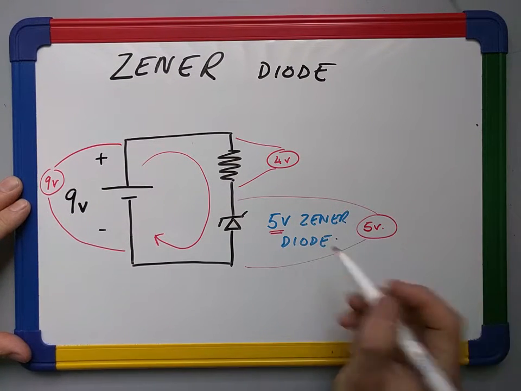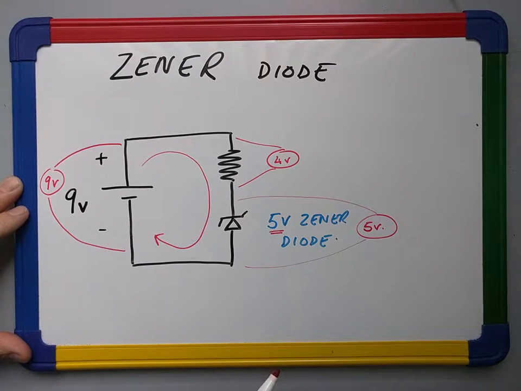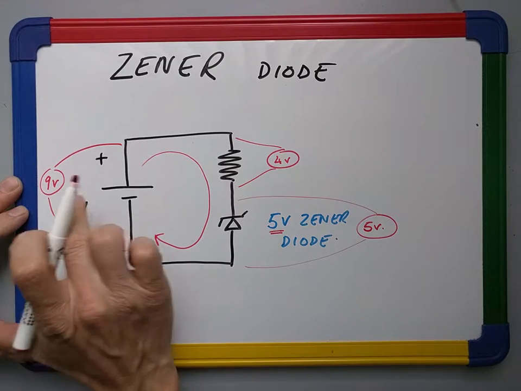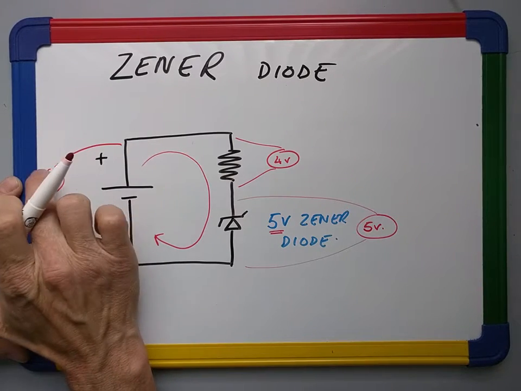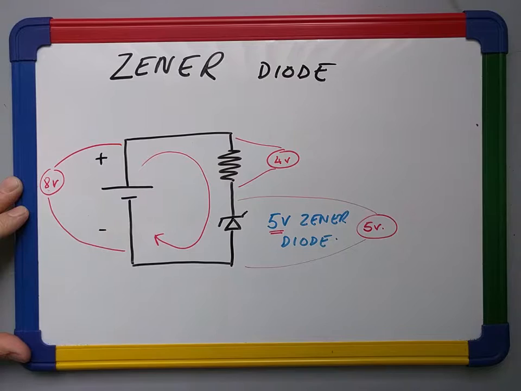It's normally used within electronics to give a voltage which doesn't vary. So in this circuit, let's suppose that the battery starts to run down a little bit. So we've left it on all day and the battery voltage has dropped down to 8 volts. This is just a smoke alarm battery, a little 9 volt PP3 battery. So after a while it drops down to 8 volts.